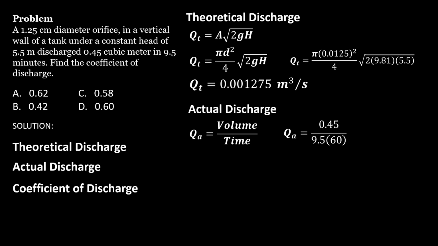As we all know, 1 minute is equal to 60 seconds, that is why our denominator is 9.5 times 60, while 0.45 cubic meter is the volume. Finally, our answer to the actual discharge, Q sub A equals 0.000789 cubic meter per second.